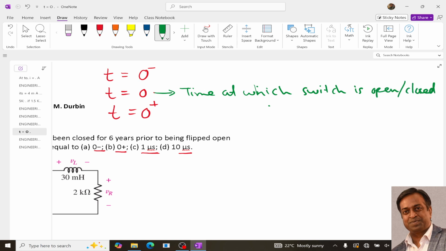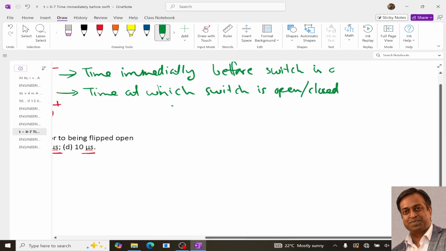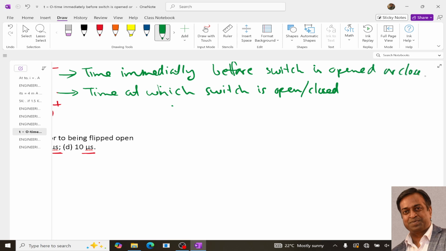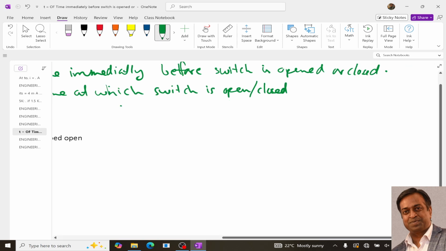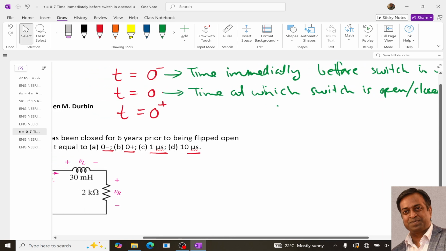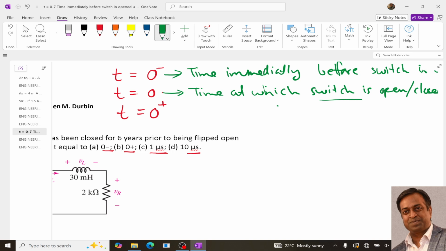Now 0 minus is the time immediately before any change, before the switch is opened or closed. So t equals 0 minus is the time immediately before we have done any change with the switch.